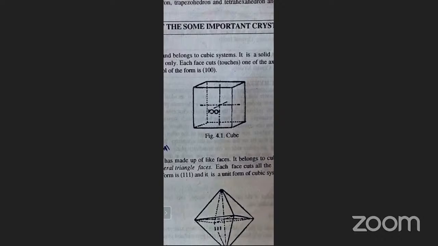This symmetry is called a tesseral symmetrical plane. Almost all the crystals formed in this isometric or cubic system are closed forms, and we were not able to find non-isometric systems.